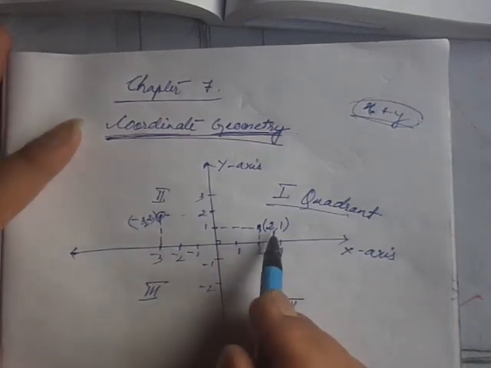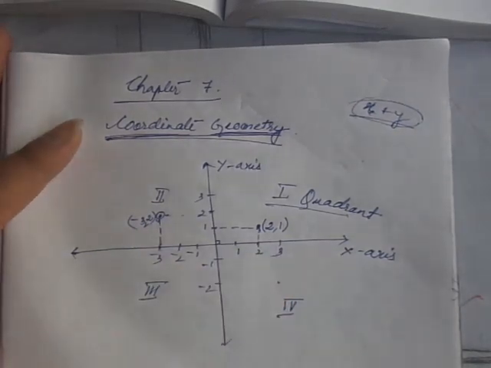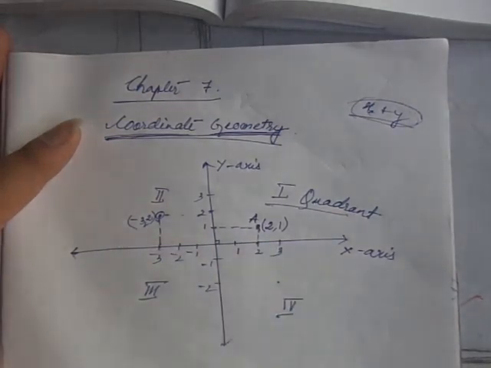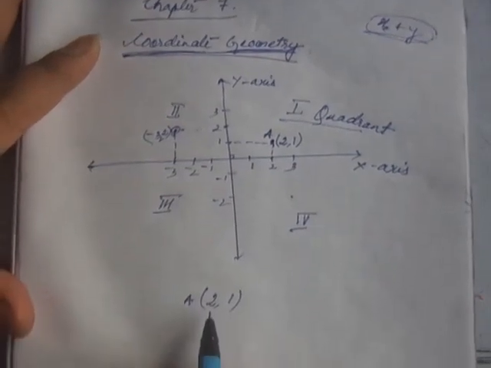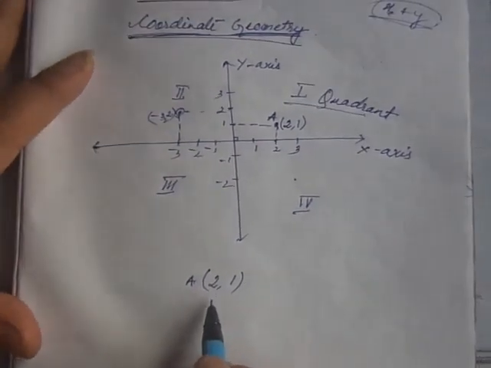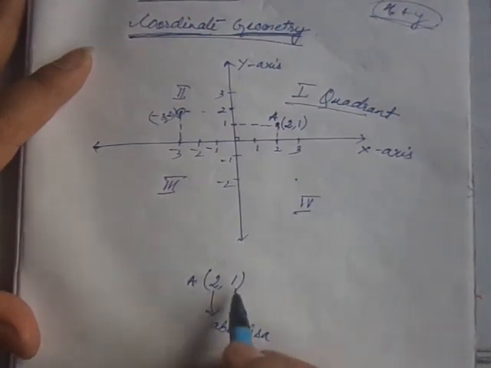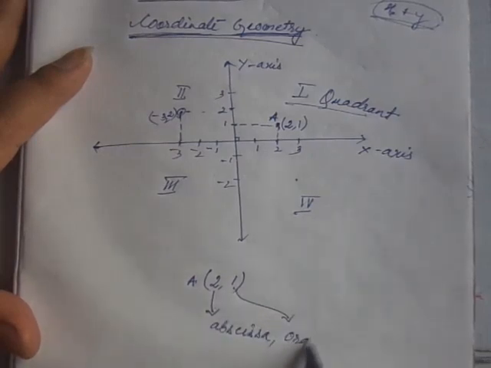Between these coordinates, just taking the example, say point A. For this point A, the first number here, 2, we call the coordinate of x-axis or abscissa. We call it abscissa. Then the second one we call ordinate.